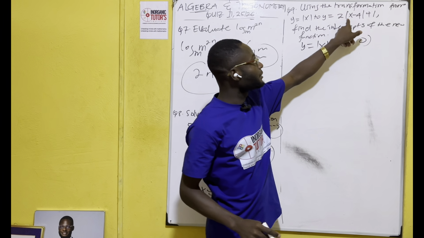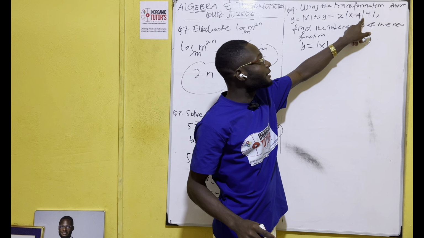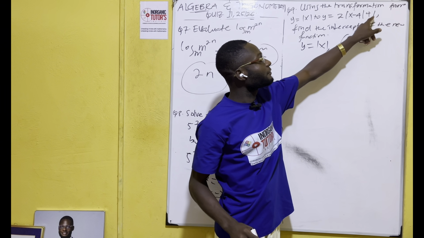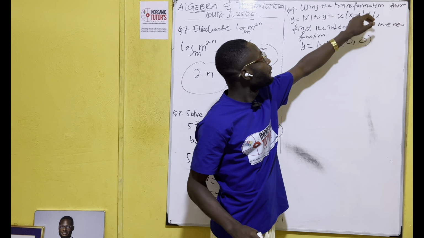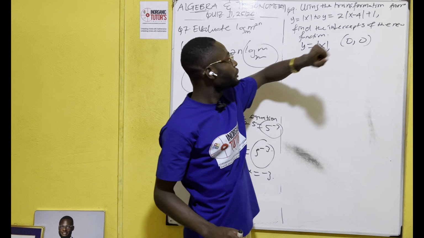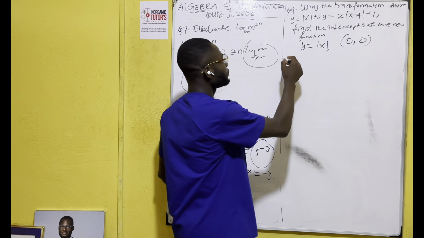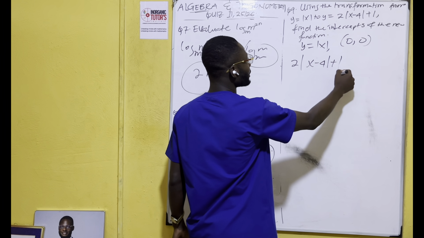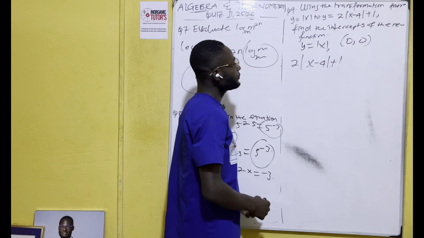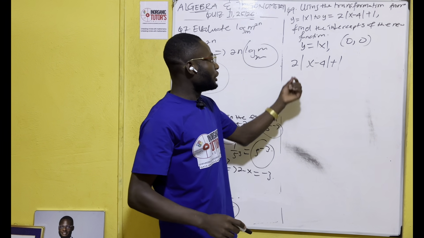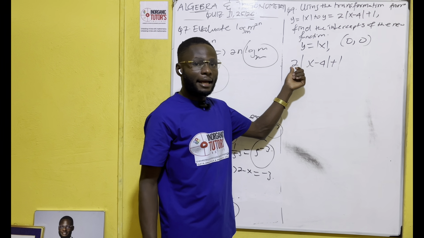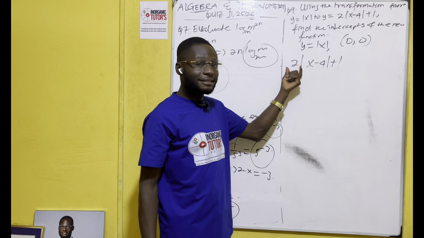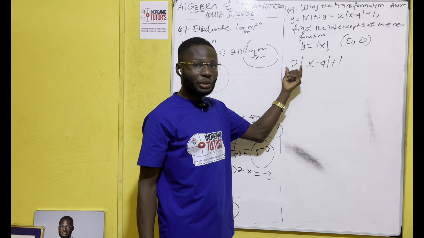Now let's look at this: 2 times absolute x minus 4, plus 1. Now this 2 here basically tells you that this is a vertical stretch, right?